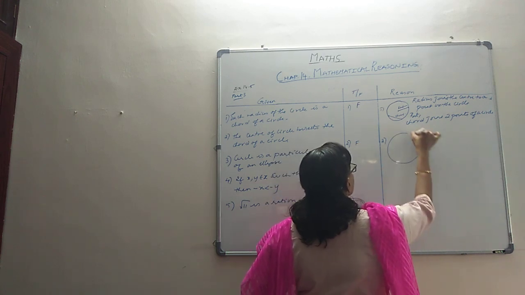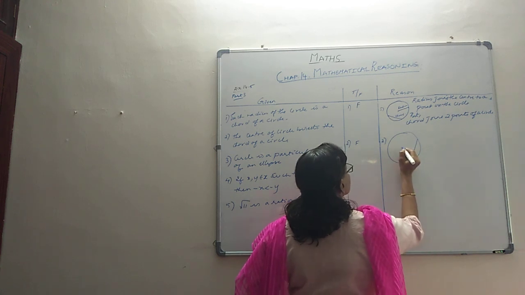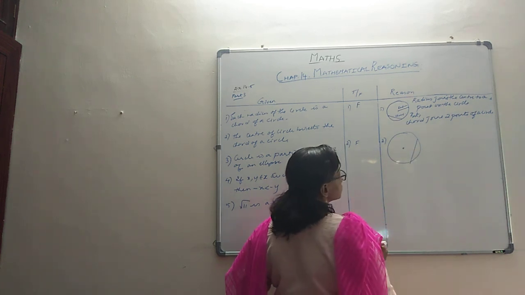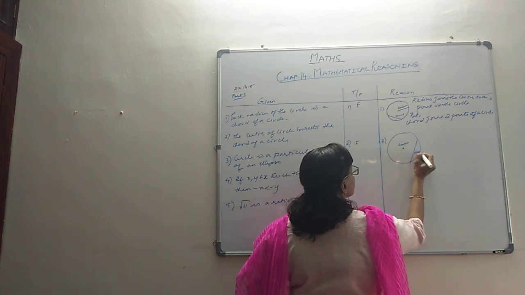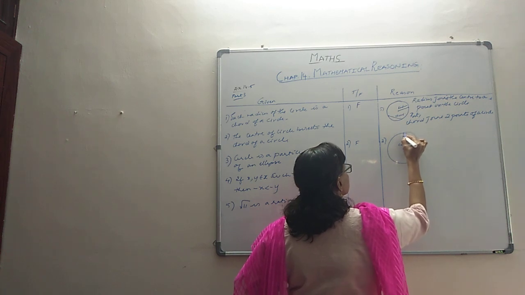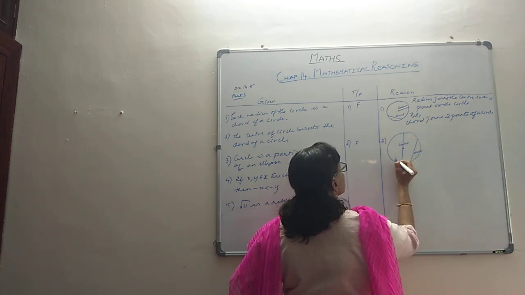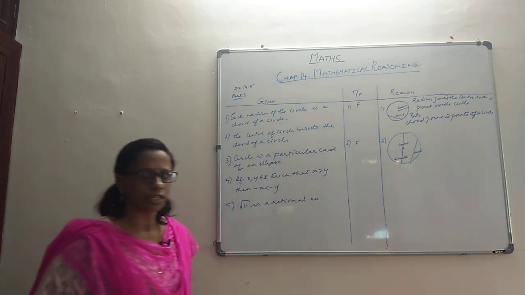The second statement is false again. Why? Because you have a chord somewhere here, and you have a center somewhere here. So how is the center going to bisect the chord? There is no possible way. Only when it's a diameter can the center bisect, but not otherwise.